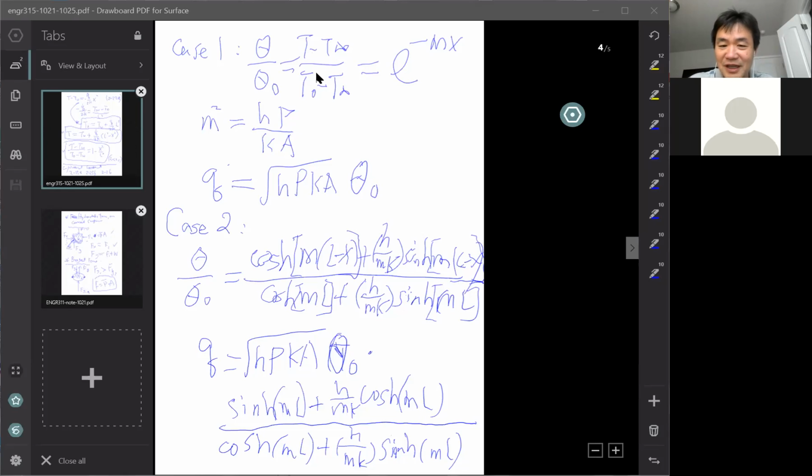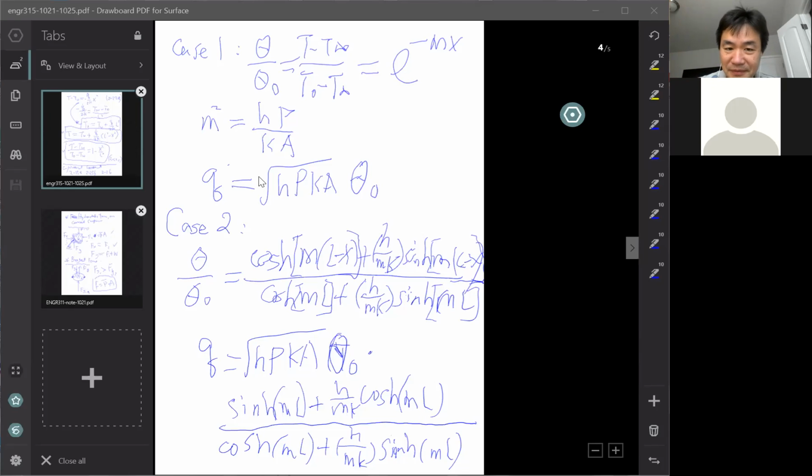Very, very useful. Maybe you can do a project like this. You should be able to find the temperature at any location on the fin, as long as you can measure the distance to the base, based on this equation. So this is the temperature, and then there is Q. Remember, the total Q, the heat loss, is through the side area of the fin, the entire area.